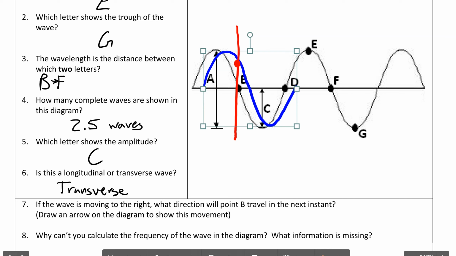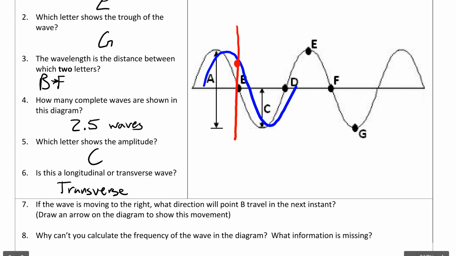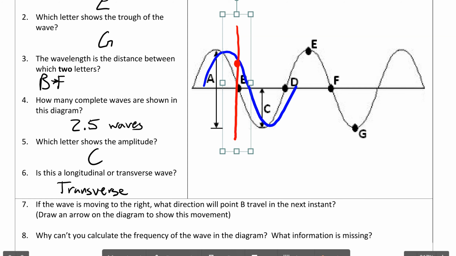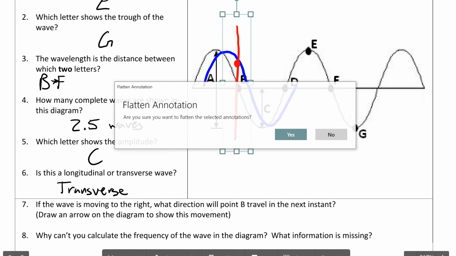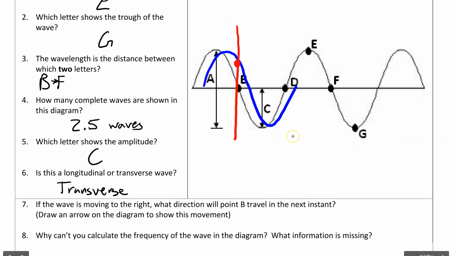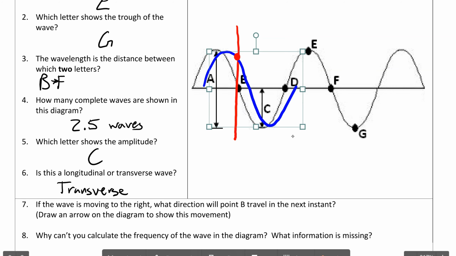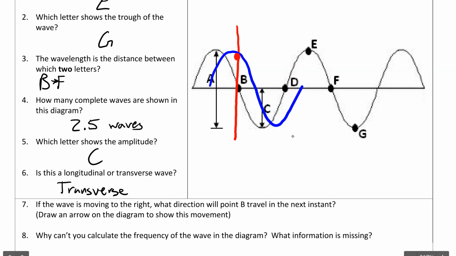But point B, if you're hanging out on this water wave, you're going to feel like you got moved up and down. Oh, this has to be set to the back. What if I flatten it? All right, and then this moves over. B has to stay in that same line.